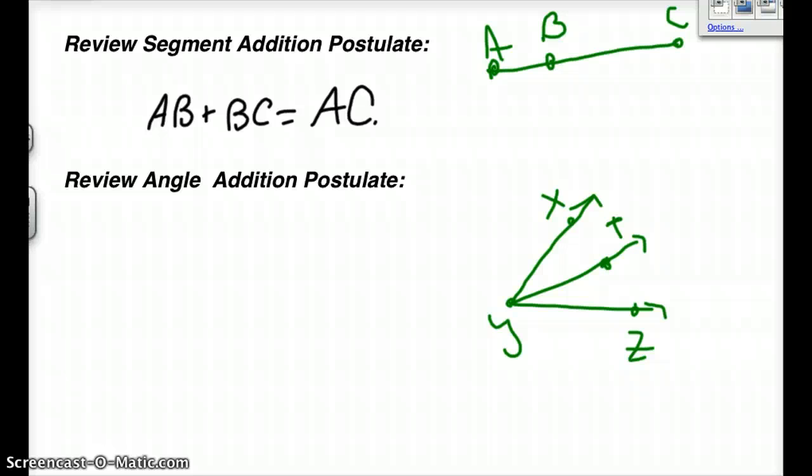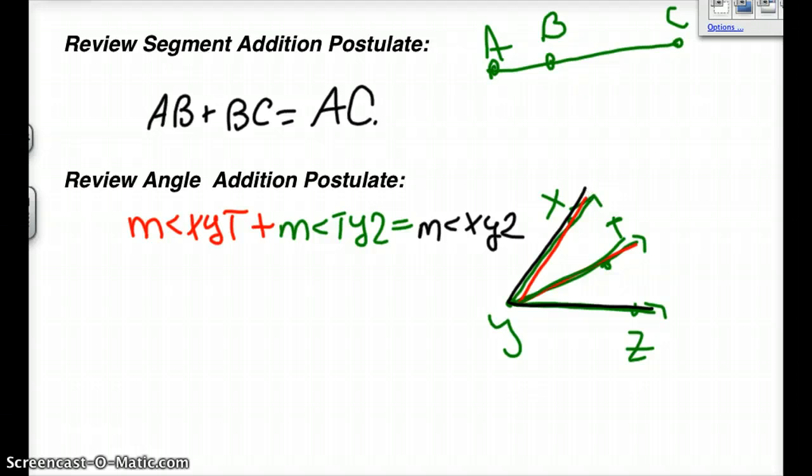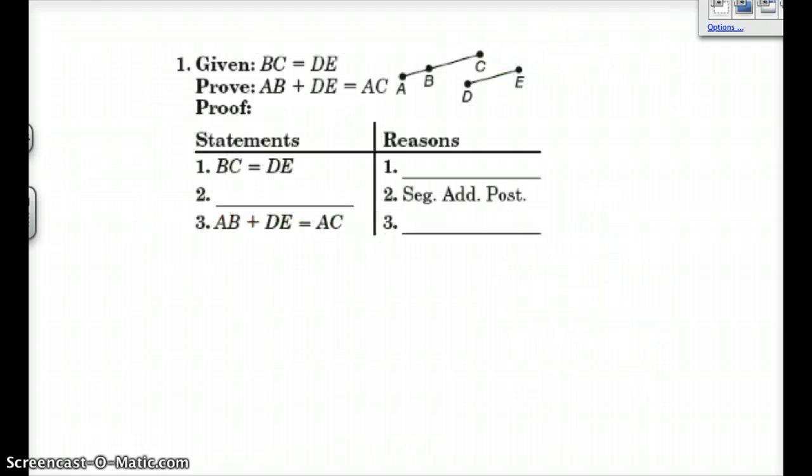Angle addition postulate is where you add two small angles together to equal the whole entire angle. In my picture, I'm going to take the measure of angle XYT and add it to the measure of angle TYZ. It's going to equal the whole entire angle, which is angle XYZ. So that's a quick review of the two postulates that we've covered.